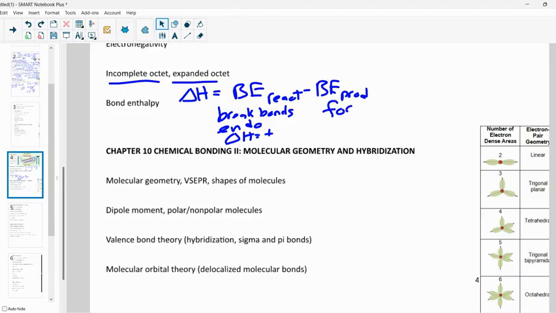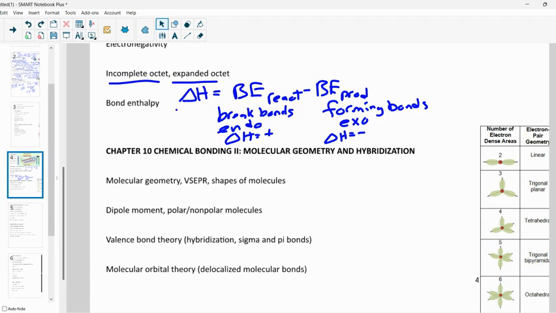Forming bonds is an exothermic process. Delta H is negative. So that's why we have the reactants minus the products. Whatever the bond enthalpies are, or bond energies, bond dissociation enthalpies, they call it a whole bunch of different names, right? Whatever it is, it's reactants minus products here. Everywhere else, products minus reactants.